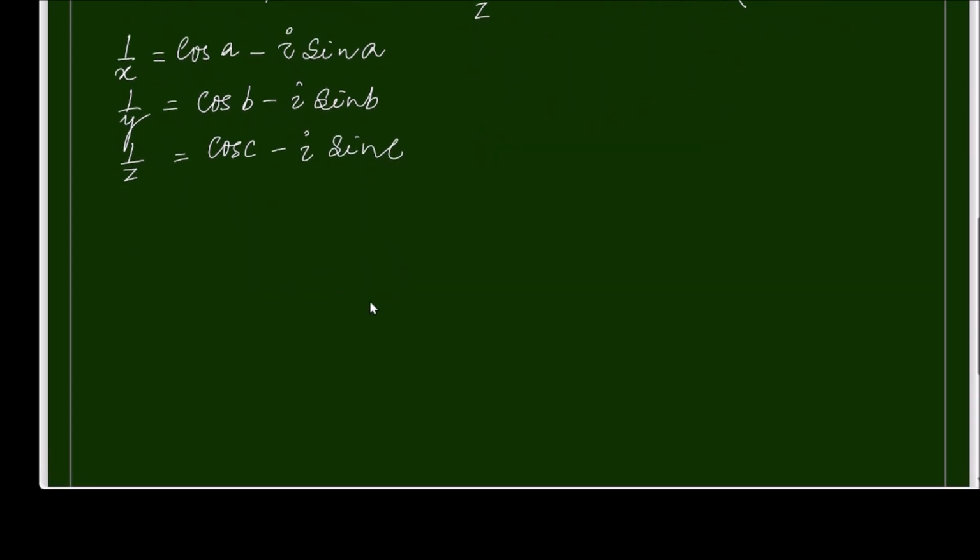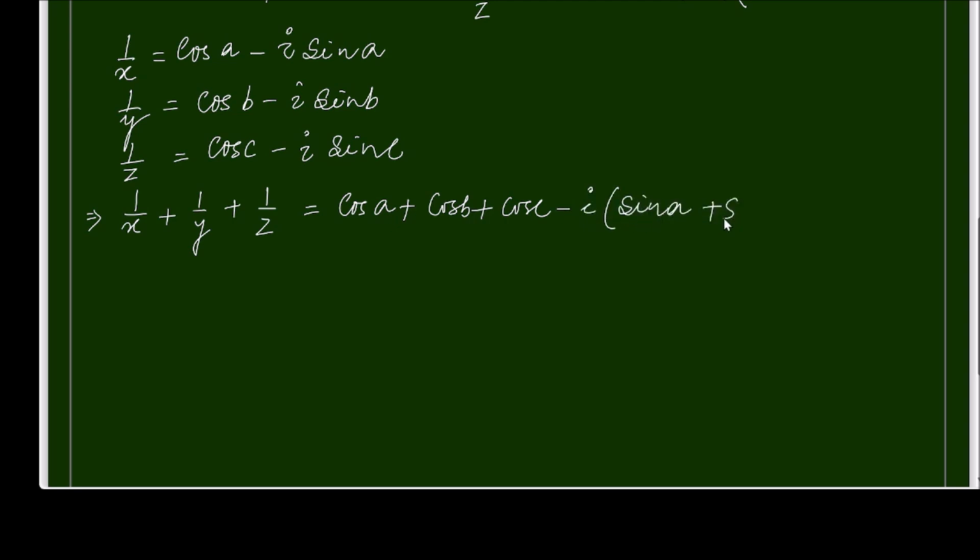Now adding these 3, 1 by x plus 1 by y plus 1 by z equals cos A plus cos B plus cos C minus i times (sin A plus sin B plus sin C). Again, this is given to be 0.